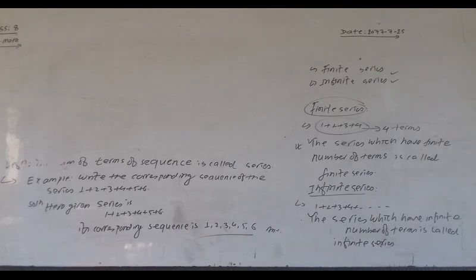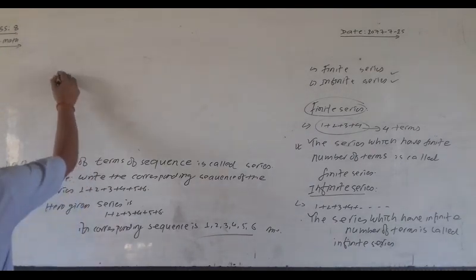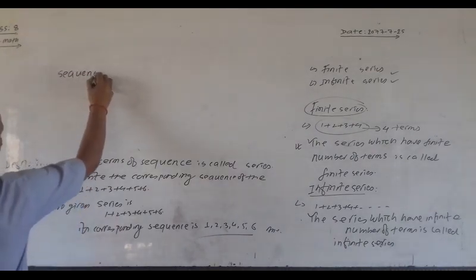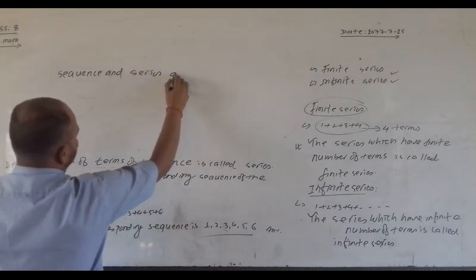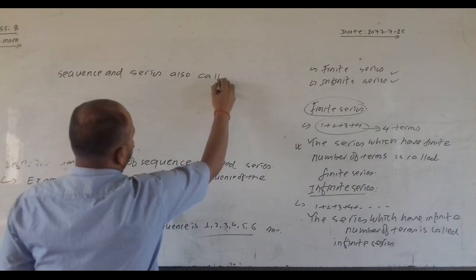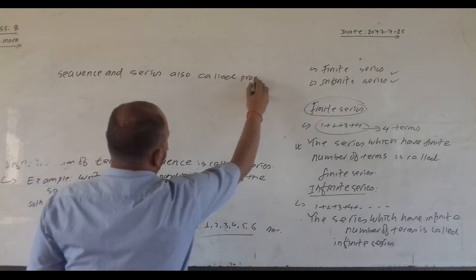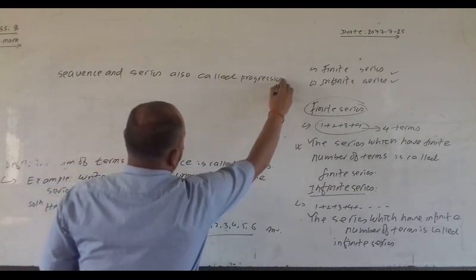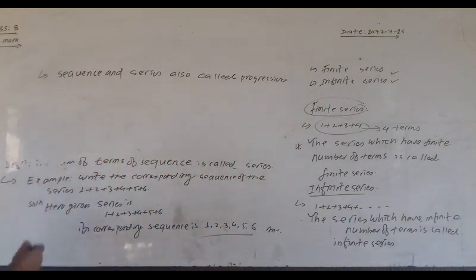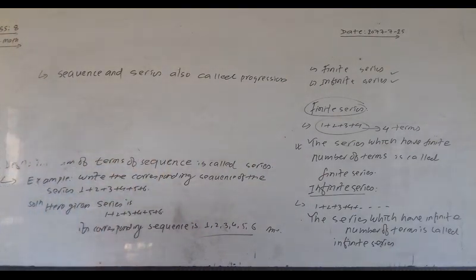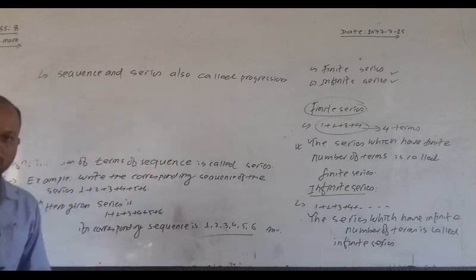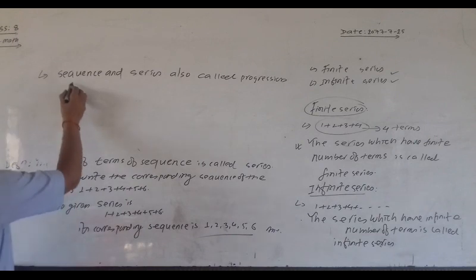Write down: sequence and series are also called progressions. When in an exam you are asked to define it, you write that a sequence or series is equal to progression.